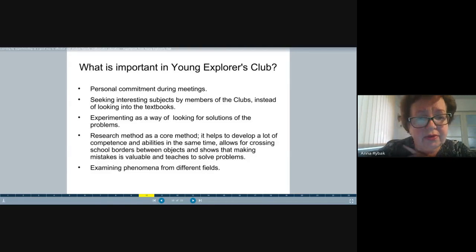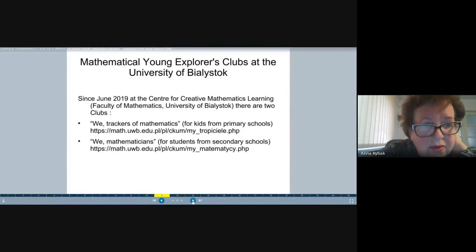Experimenting is a way of looking for solutions, problems, research methods, and examining phenomena from different fields. Not only a teacher can be the supervisor of such a club. Parents can be supervisors, and all people who have some idea of what interesting things can be done with children.